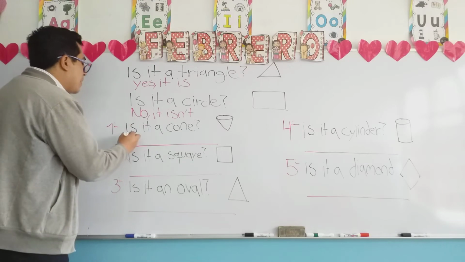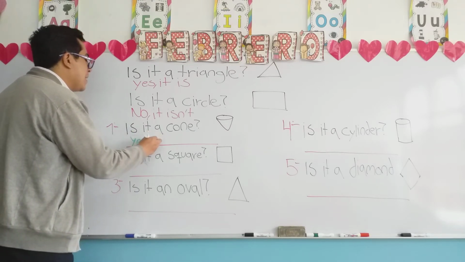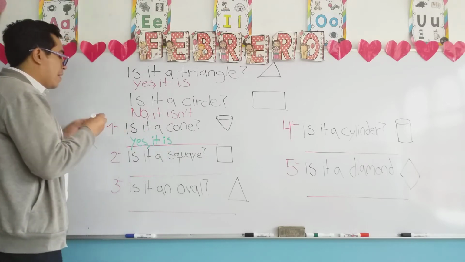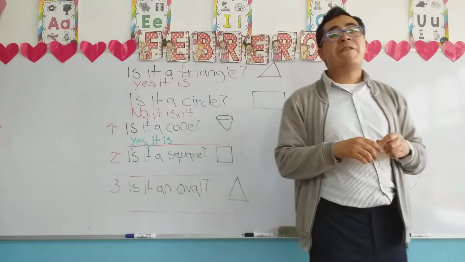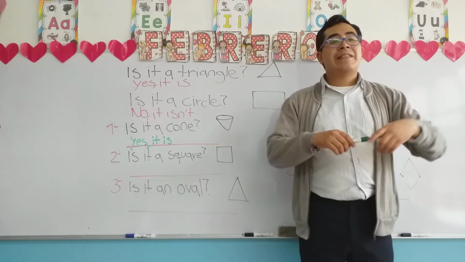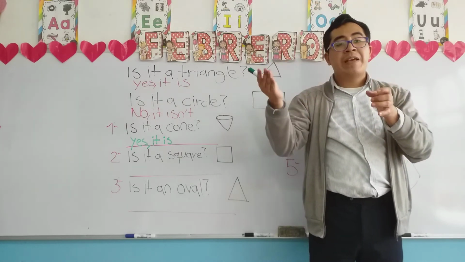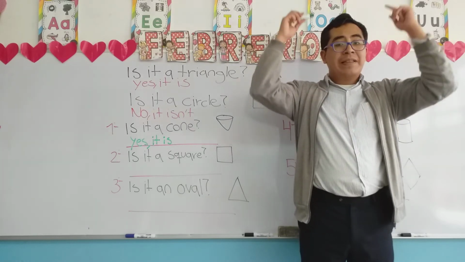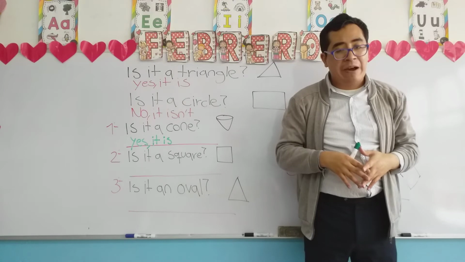So, yes, comma, it is. Now remember, objects that have the shape of a cone is the base of the ice cream, which is also known as cone, that is made of cookie, and the hat that we use in parties or the hat of a clown.